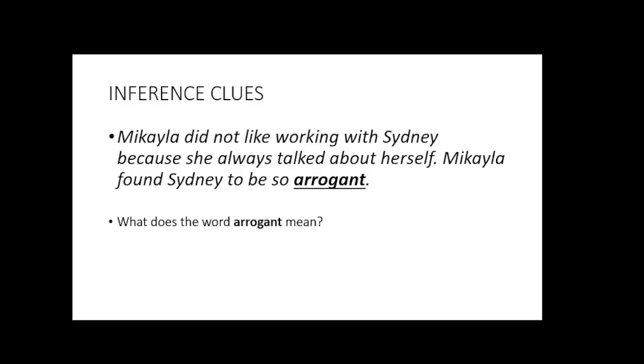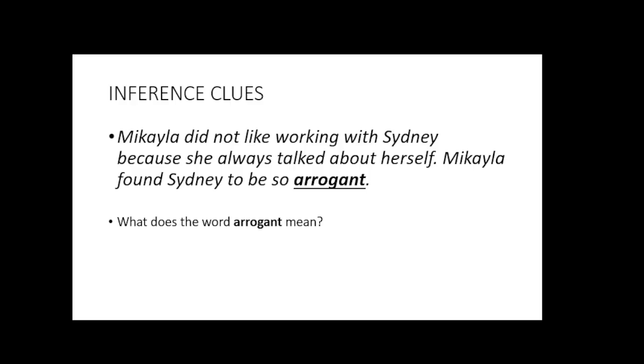When looking for this type of context clue, the clues will most likely be close to the unknown word or phrase. Based on this sentence, we might ask, why doesn't Michaela like to work with Sydney? What part of speech might the word arrogant be?